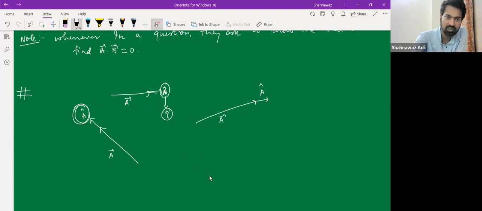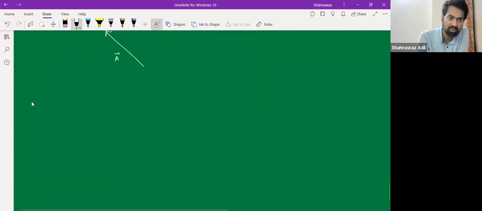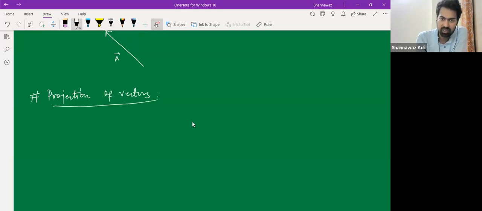So now let us understand this projection of vectors. We understood that if we have this A vector, we can write the x component in the I hat direction.